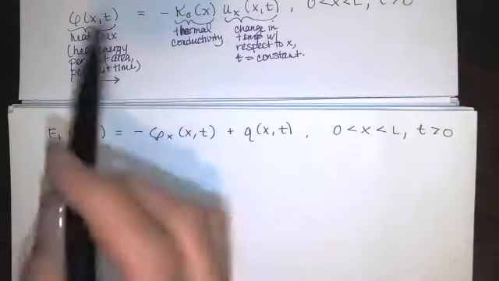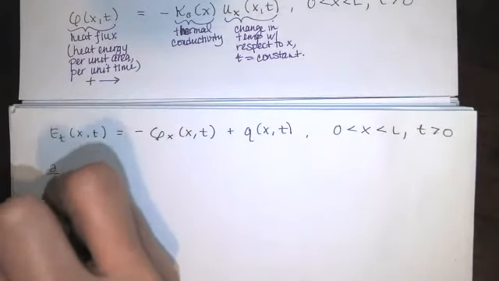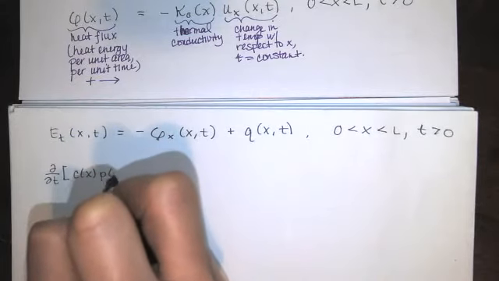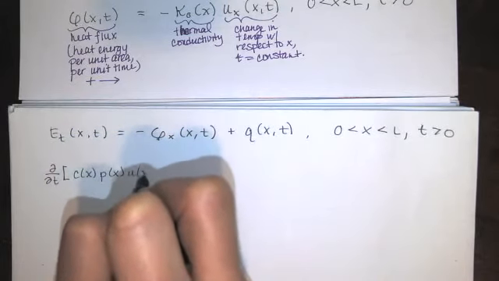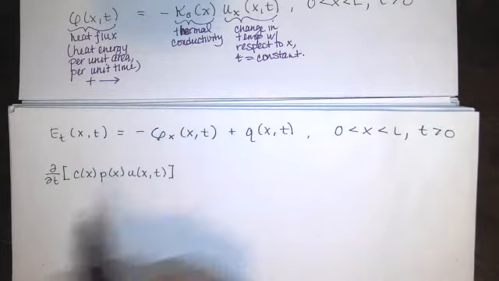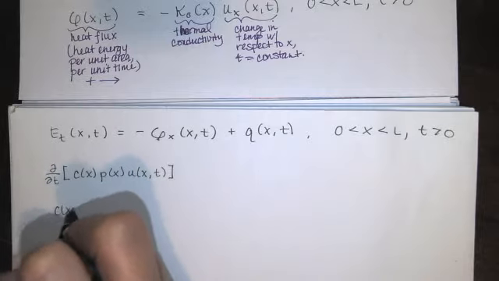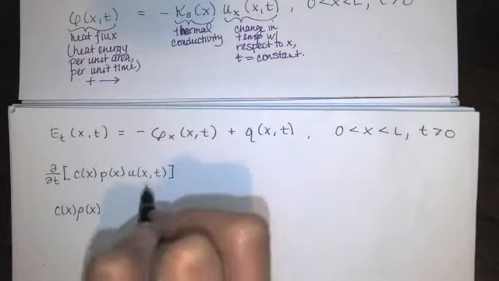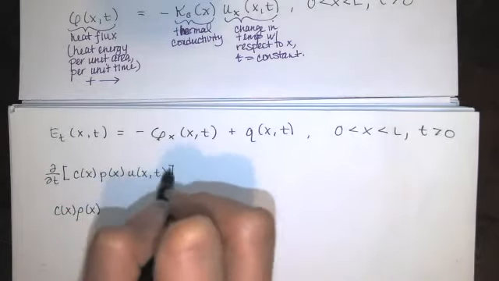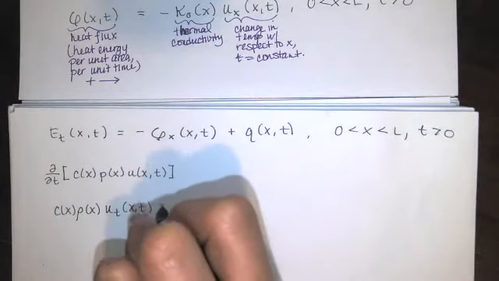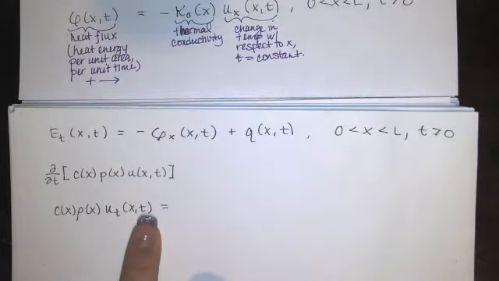So when we take the partial derivative of that expression with respect to time, you guys have had Calc 3. This is treated as a constant. This is treated as a constant. And we take the derivative of this with respect to time, treating x as a constant. Okay, so that's what we have there.